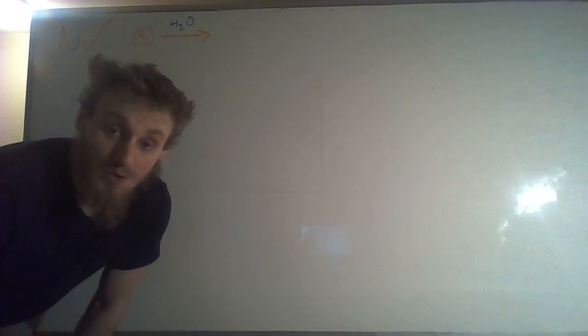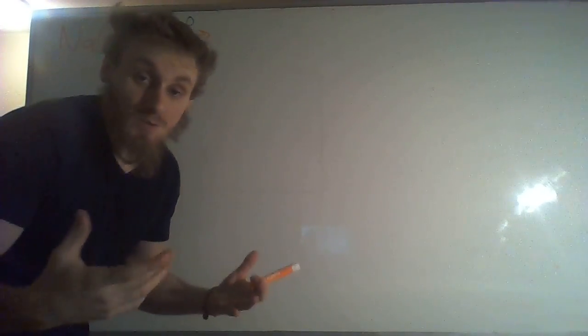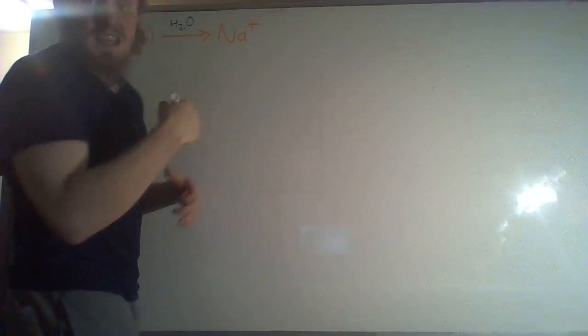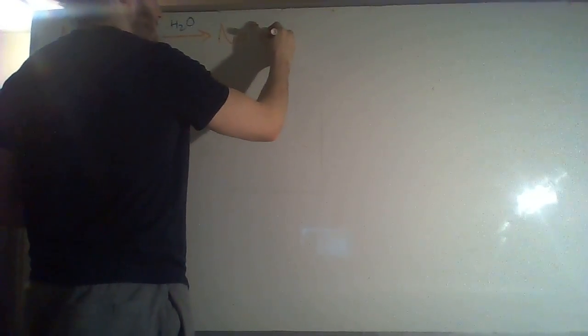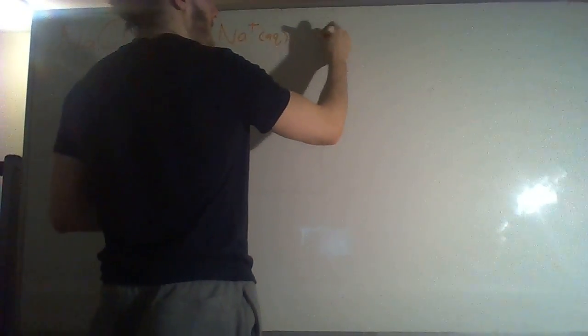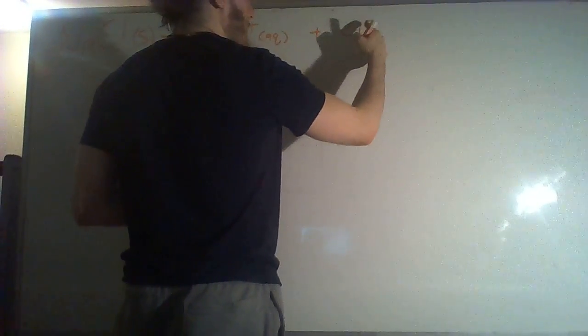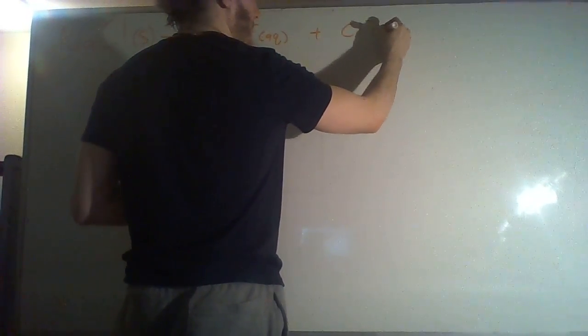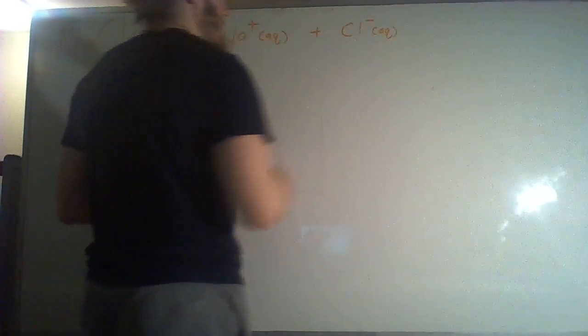And the answer is no. In fact, if you were to take solid sodium chloride and put it into water, you would get some positively charged sodium ions in the aqueous phase, and then you would get some negatively charged chloride ions, also in the aqueous phase.